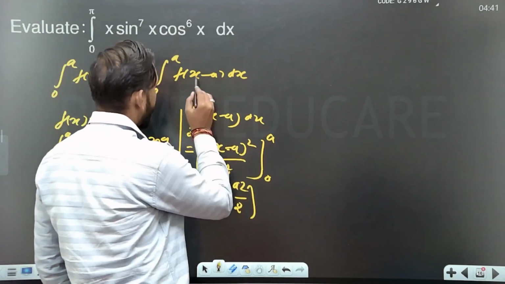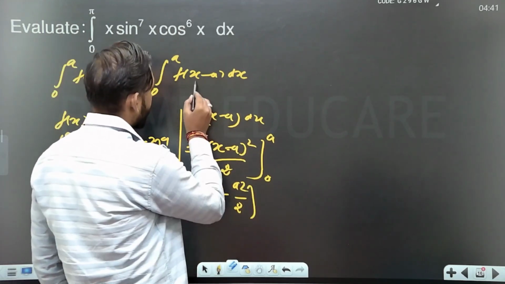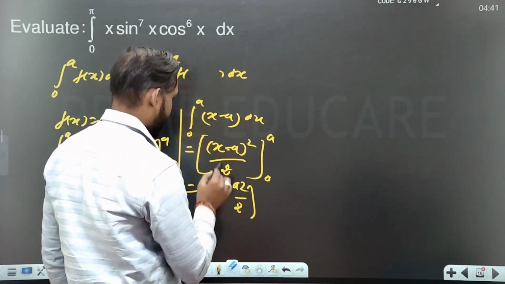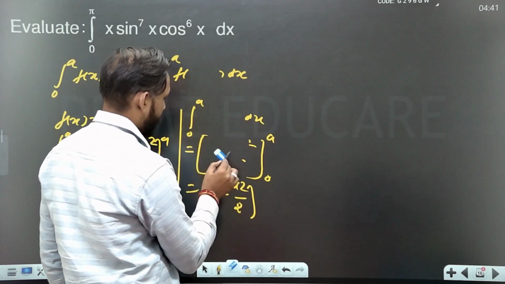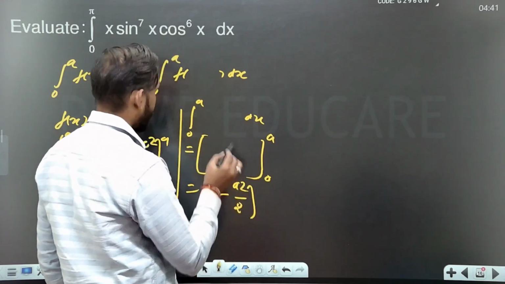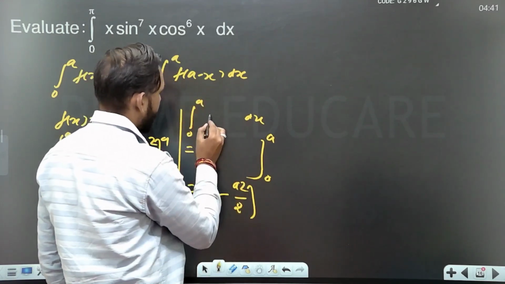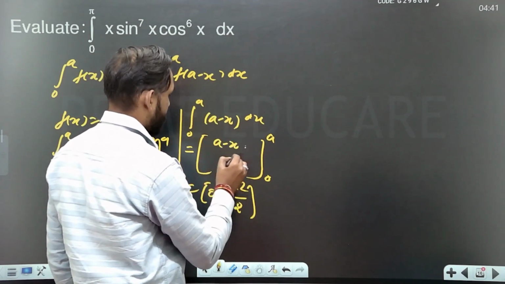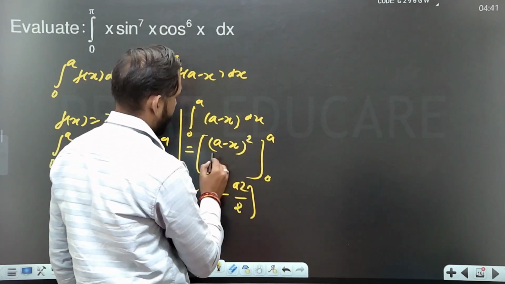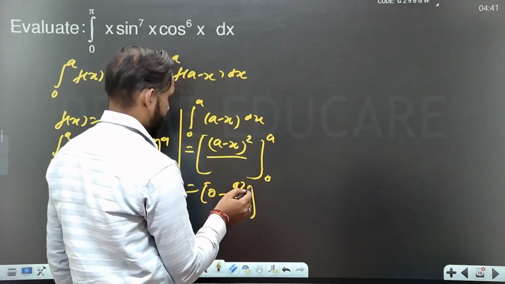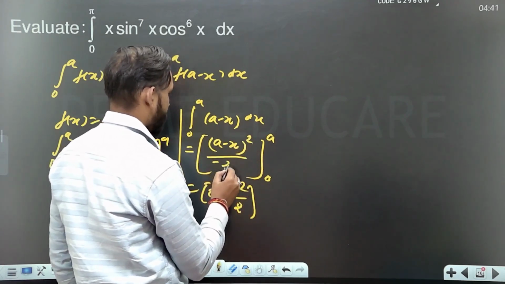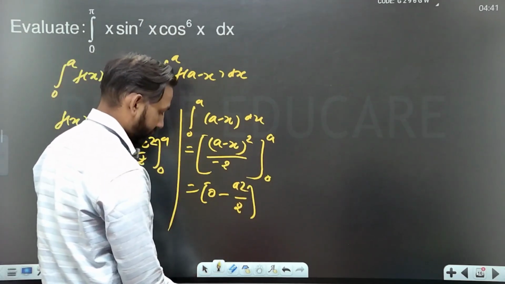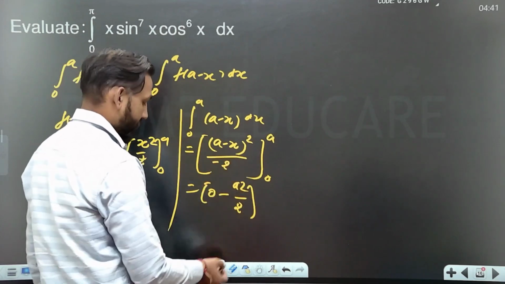But if we put a minus x here, then we calculate the right thing. We have a minus x whole square by minus 2, because the differentiation of a minus x is minus 1.